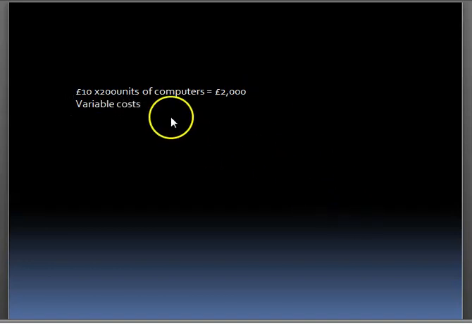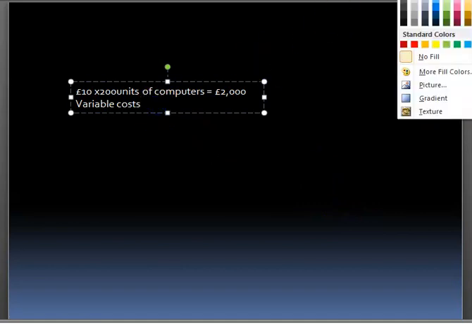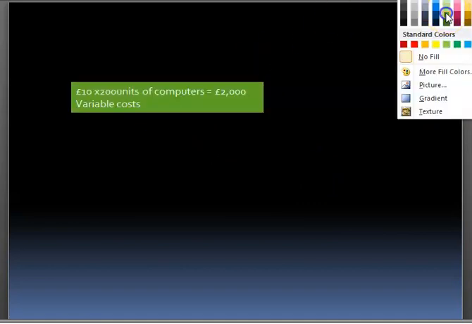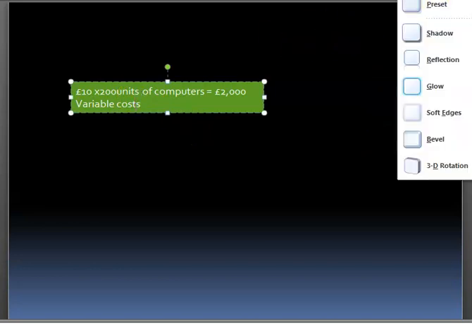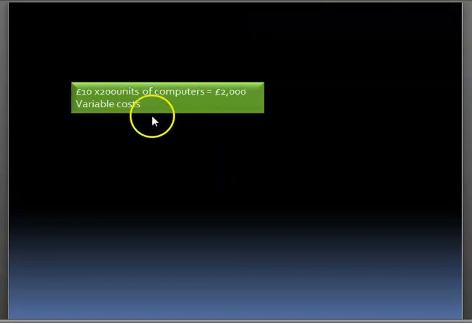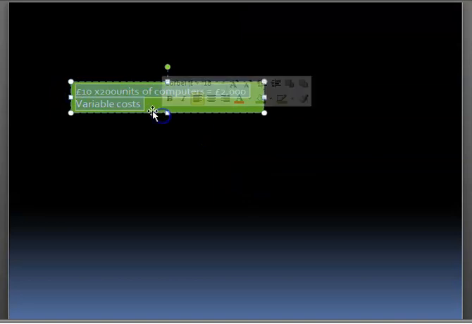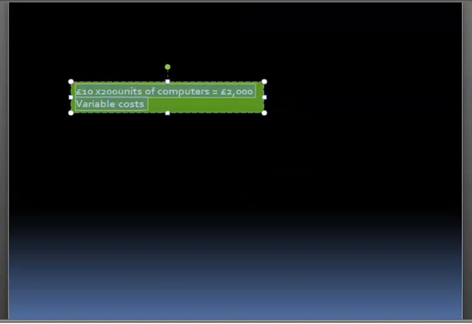As you can see there, the variable cost is £2,000. So that is how to calculate variable cost.